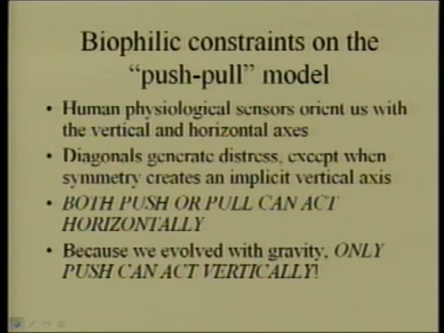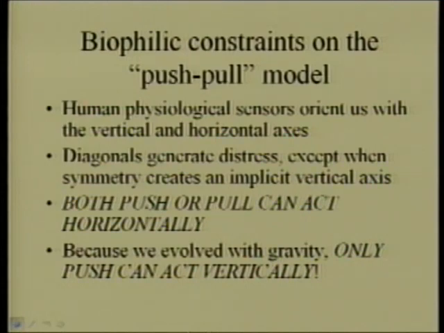Now there are certain constraints on the push-pull model that are created by biophilia. And let me remind you, biophilia is our genetic makeup, and how our genetic makeup and biological structure influences how we react to different geometries in our environment. Our human physiology evolved in gravity, so we have extremely fine mechanisms for dealing with the vertical.